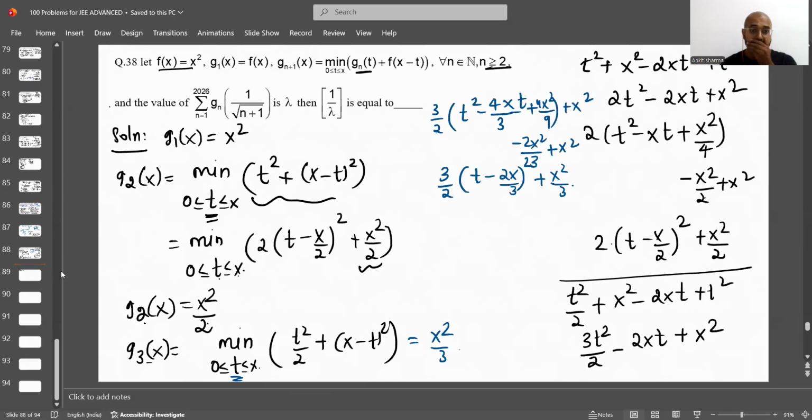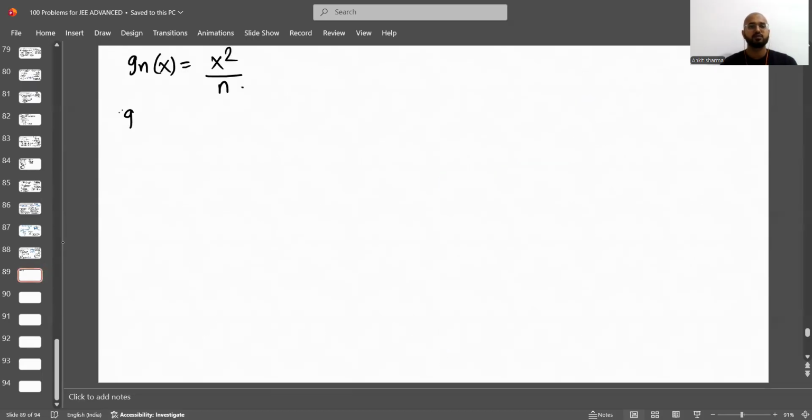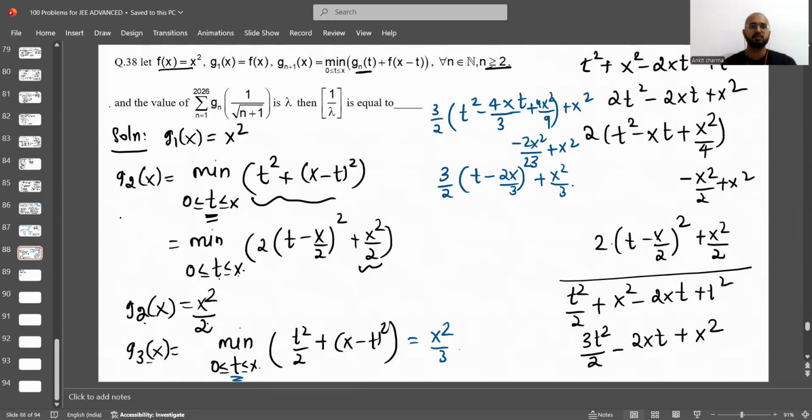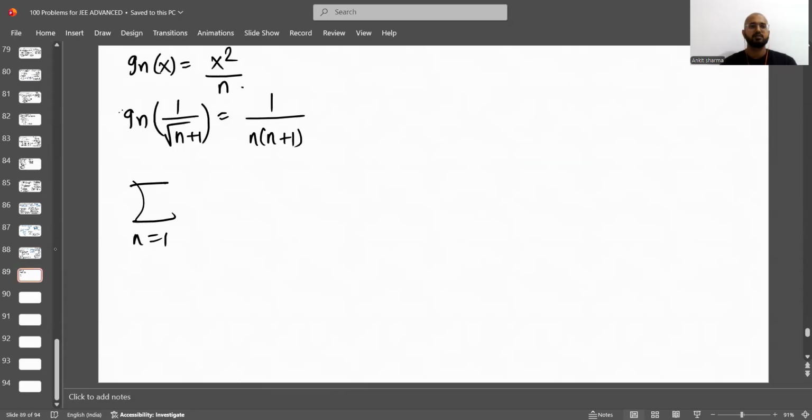And then now we need gn of 1 over root of n plus 1. So gn of 1/√(n+1) will give me 1/n times 1/(n+1) after squaring. Now we need to add it from n equal to 1 to 2026. So from 1 to 2026, I'll have 1 over n(n+1).